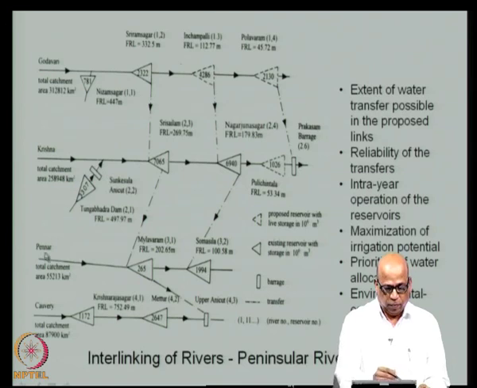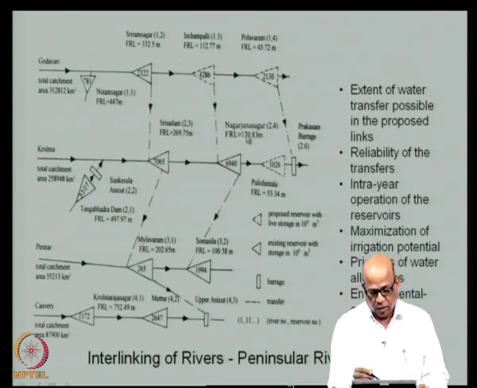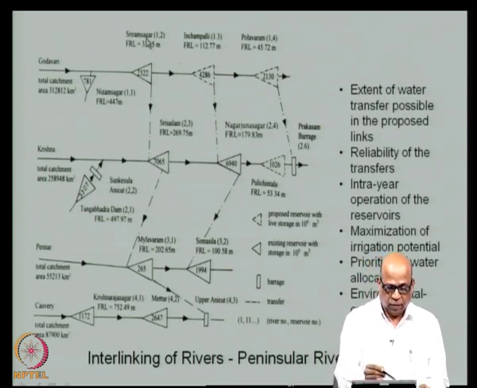These are 4 major rivers, and these dotted lines here show the proposed links. For example, from Inchampalli reservoir to Nagarjun Sagar reservoir, then from Sri Ram Sagar to Sri Shailam to Mailavaram to Upper Anicut, etc.